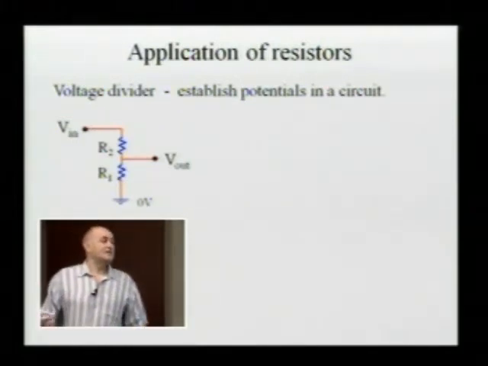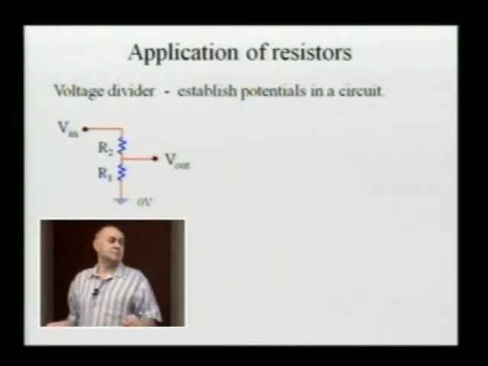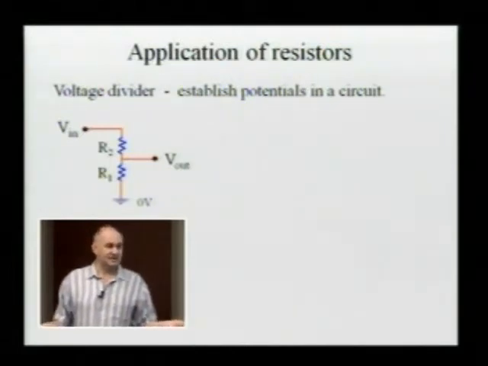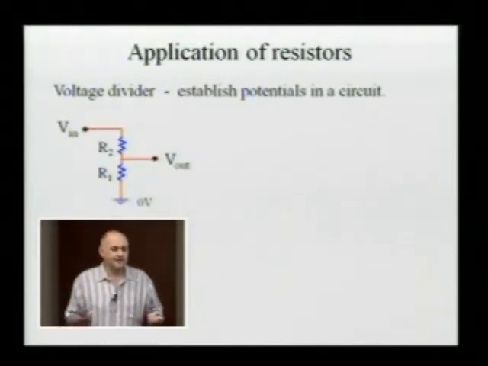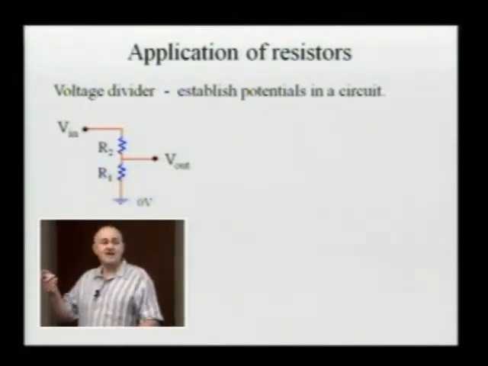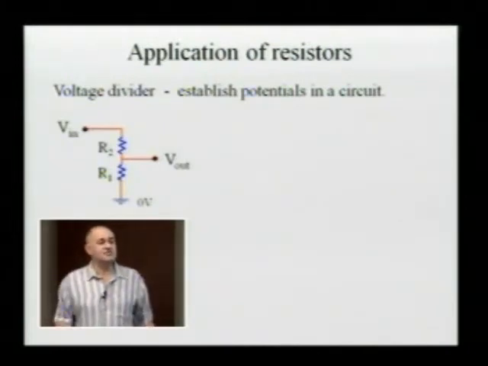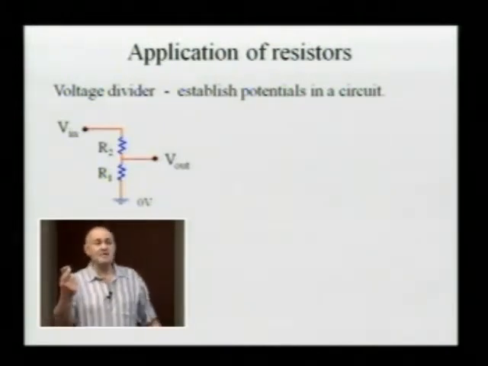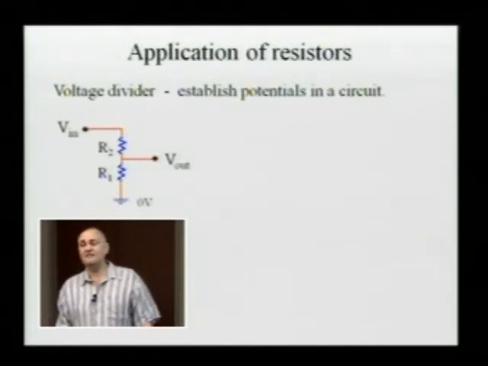Okay, but let's say that we use a battery which produces 9 volts, and we want to use it in a portable radio. And there are various transistors over there, and a base of a transistor requires half a volt.